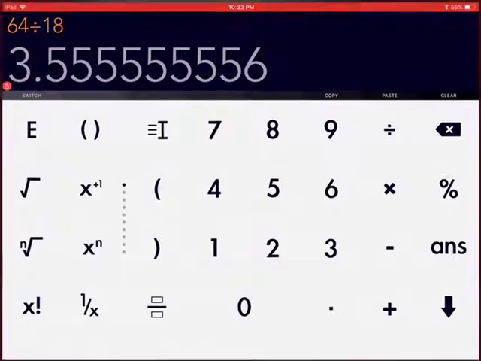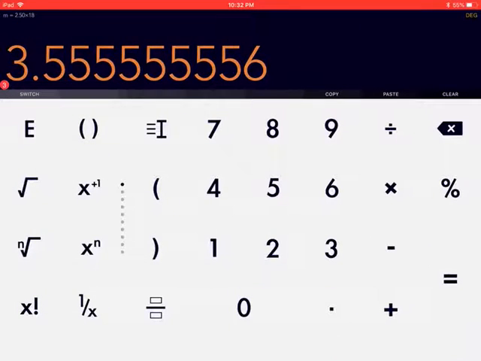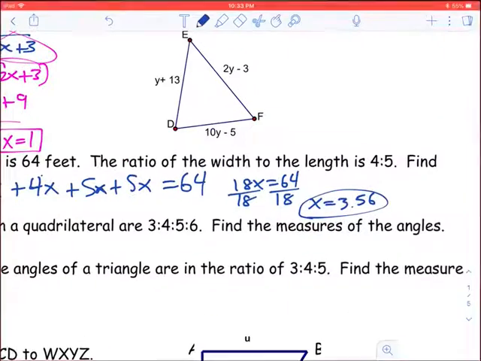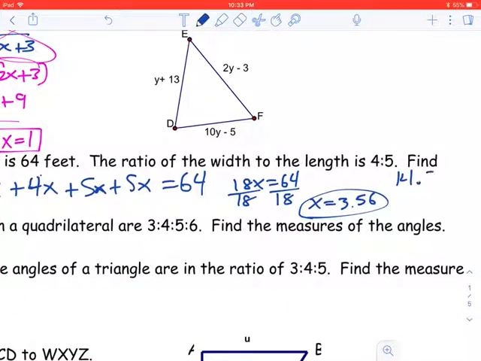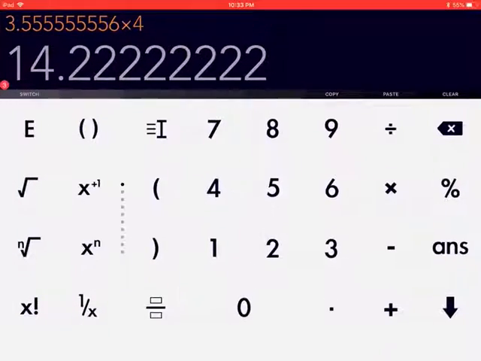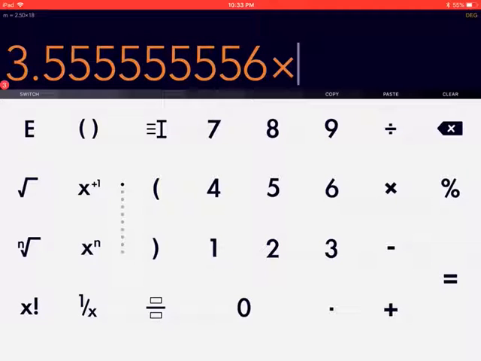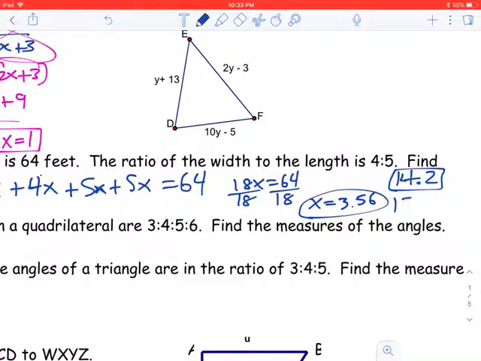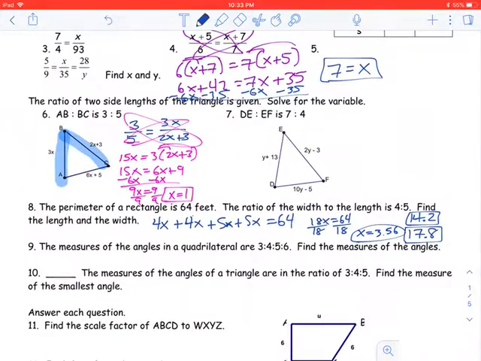So answer times 4, that's 14.2. And then 5 times that equals 17.8. And there is my length and my width.